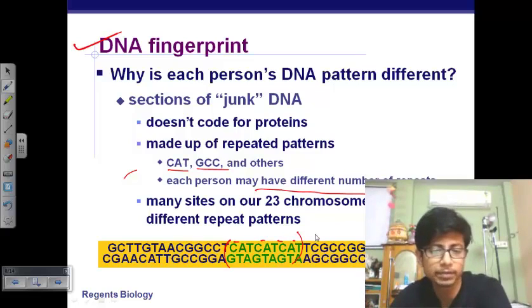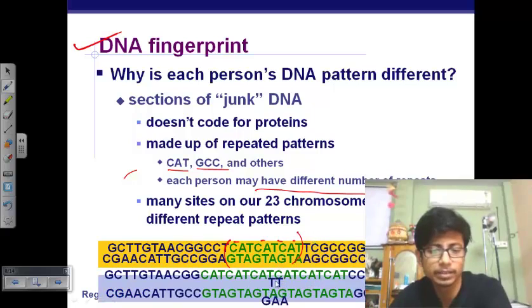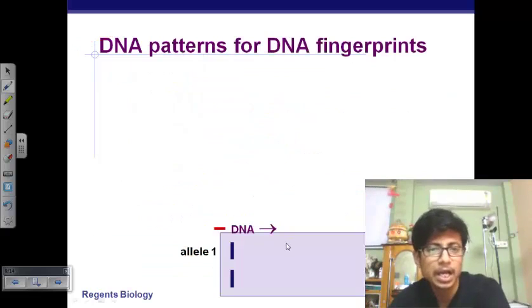And for another person, this repeat is multiple times, let's say 5 or 6 times. So this repeat number is varying, and by measuring this, we can tell that these are markers unique to those individuals.